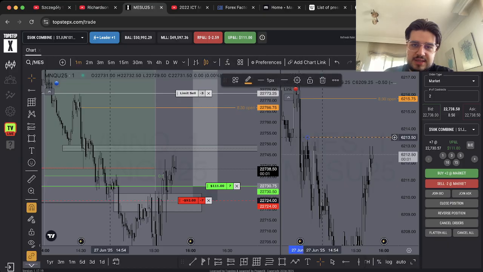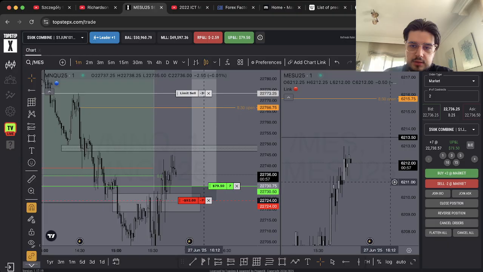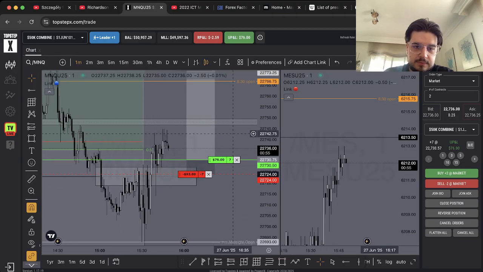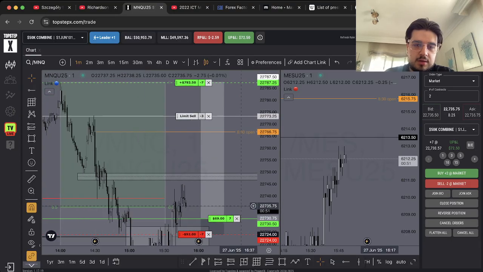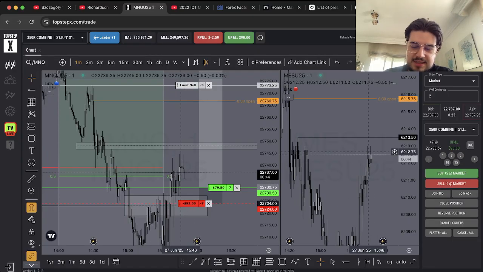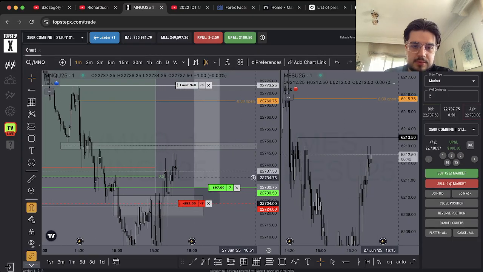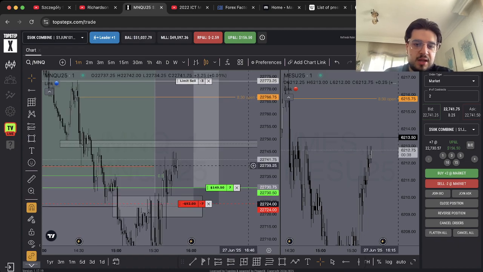So that's why the price action, I believe, is so slow as well. My stops are pretty much moved to $92 on a loss right now, because I'm not really confident in this trade. As I said, it was before the macro.